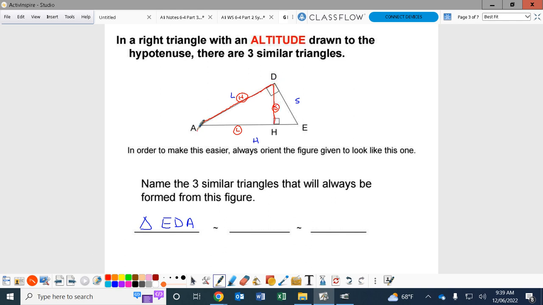This one over here on the left, guys. So if I want to name it in the order that goes down the short side, then down the long side, what triangle would we call that? DHA is correct. DHA. Again, guys, we're going from the end of the short one down towards the right angle, then down the long side.